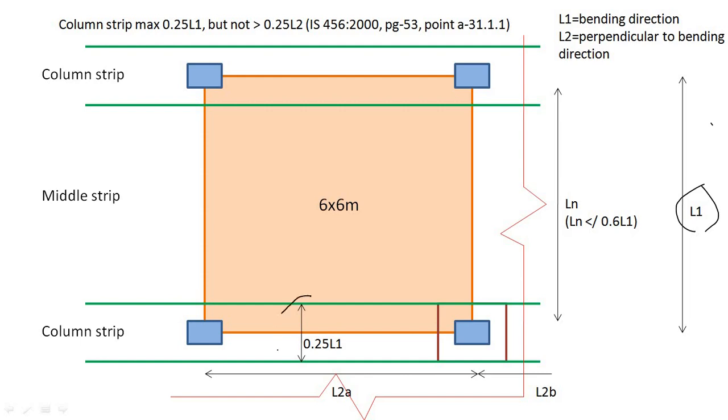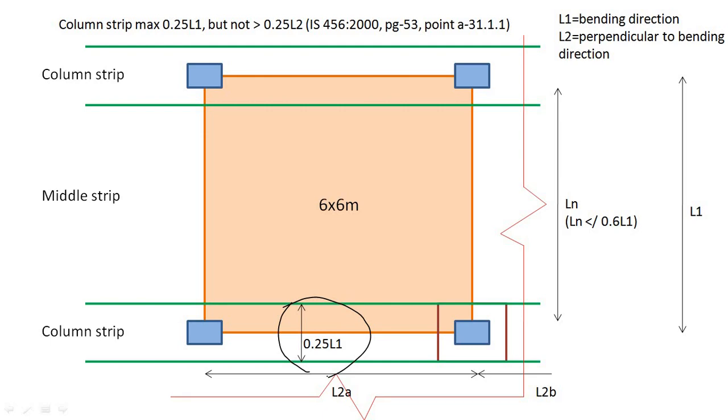The code IS 456-2000, page number 53, clause 31.1.1 says that the maximum width of the column strip should be 0.25 L1, but should not be more than 0.25 L2.